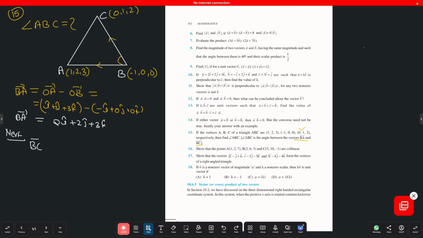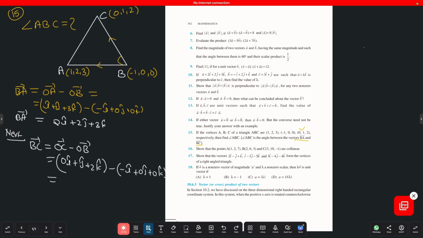Next, BC vector. BC vector is OC minus OB. When I write OC, it means the position vector of point C. So the OC vector is 0i plus j plus 2k, minus the B vector, minus i plus 0j plus 0k.